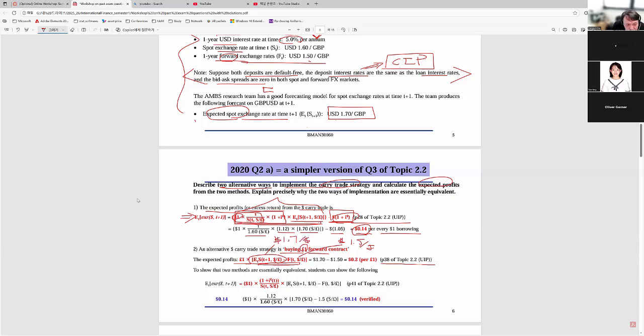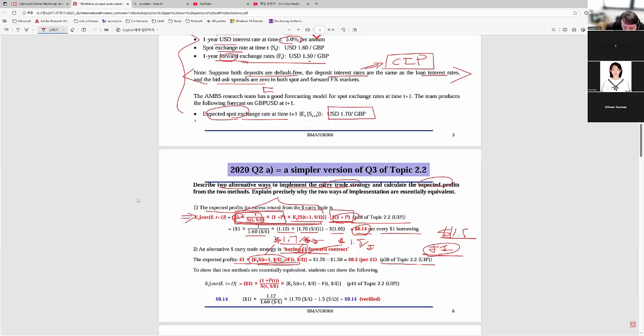How do you make money here? Since you buy £1 forward, that means you're gonna give $1.5 to the seller of this forward contract after one period. So you give $1.5 and get £1. As a buyer of this forward contract, you pay the price and get £1. Once you get £1, you're gonna sell that £1 in the future spot market. What is the price you're gonna get? It should be 1.7. So you pay $1.5 to get £1.